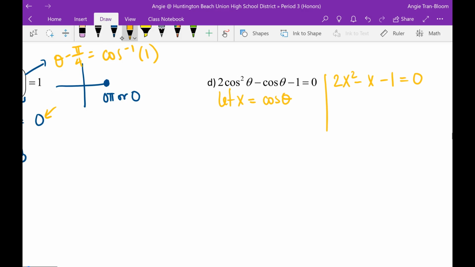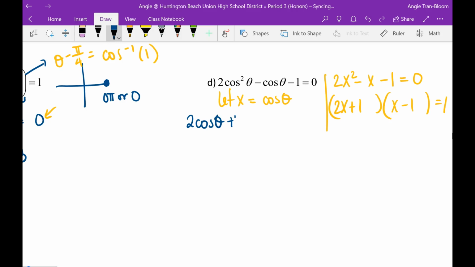All right, Lucian, what are your factors? And by the way, Lucian, do you use x or the cosine? Both? I can just replace that. That's okay, give me the x, or whatever. 2x plus 1, and then the other one is x minus 1. Do you guys agree with that, by the way? Yeah, and then every time you see an x, you can just put back to what? Cosine.